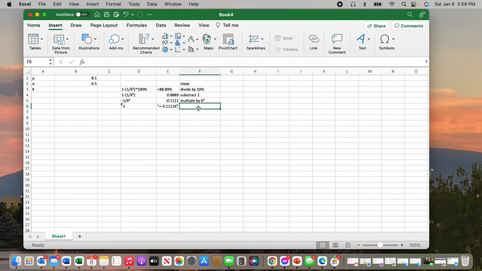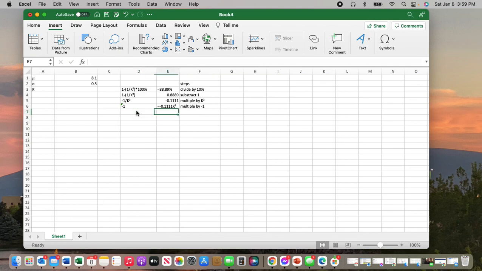Okay, so to get rid of these negative signs, why don't we just multiply by negative 1? You could have done that in a single step, but I didn't, so it doesn't matter.